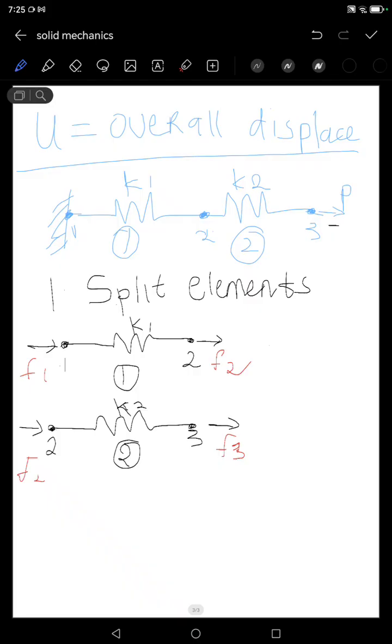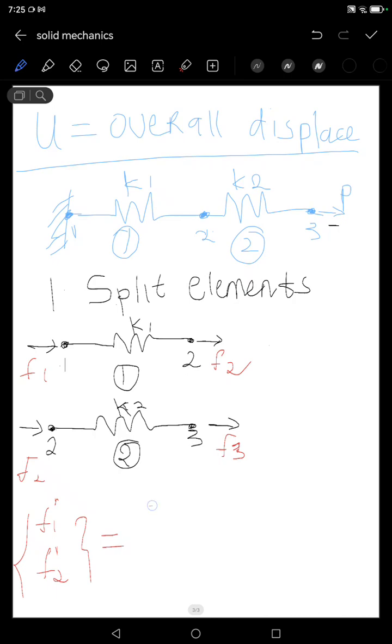After that we're going to write this in matrix form. To write this in matrix form, we just open 2 brackets. We start with the first element, so we have F1 and F2. We write F1 and then F2 like this, and then we write a prime with the power 1 to show that we're dealing with element 1. When we write for element 2, we write 2 at the top as an exponent.